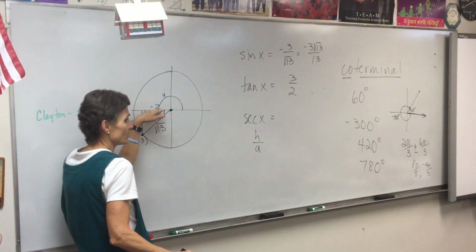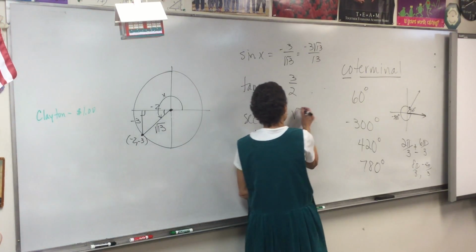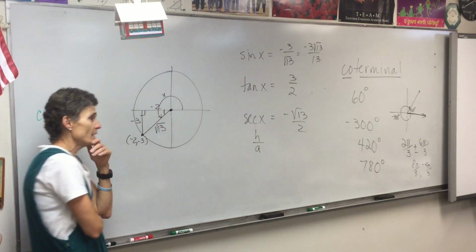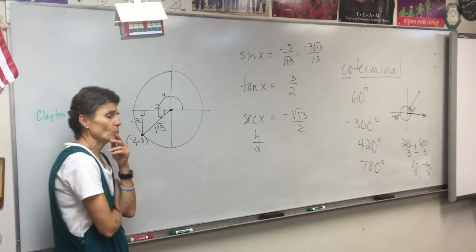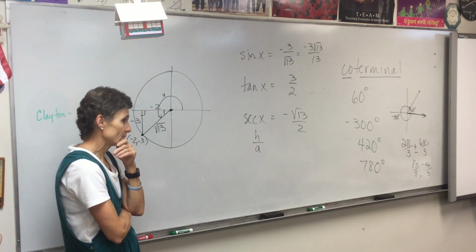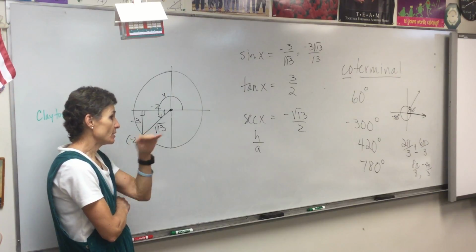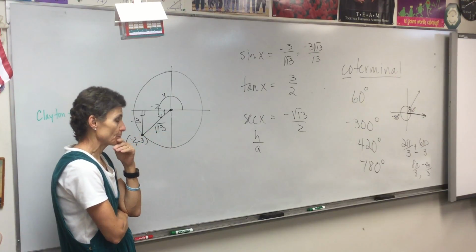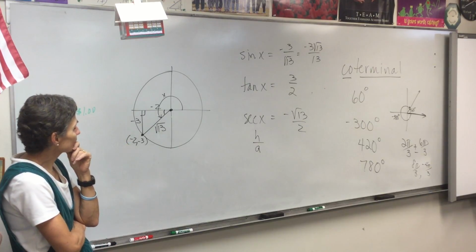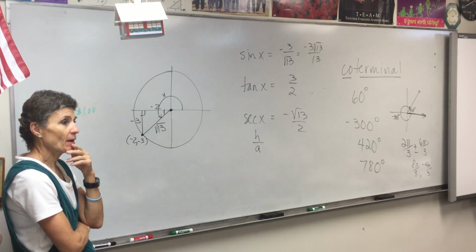So root 13 over -2. Get a fraction like that, by the way, does it matter where I put the negative? No. So don't get all hung up about that. If you want to put root 13 over -2, that's fine. Where you put the negative isn't important. All right, anybody have a question about that one?